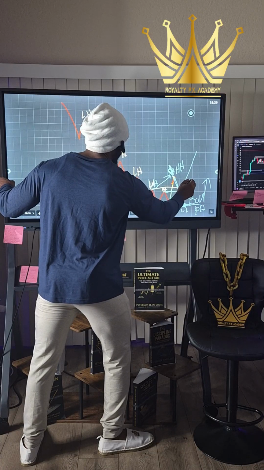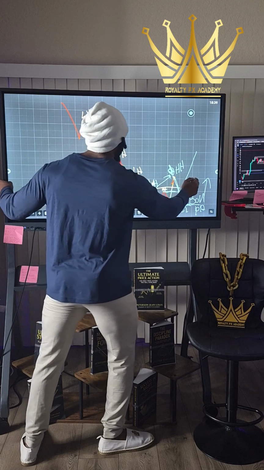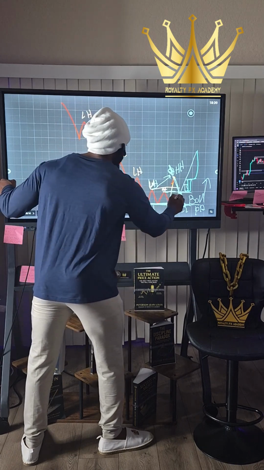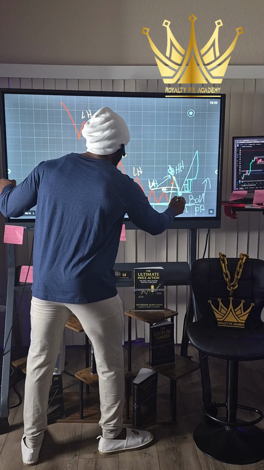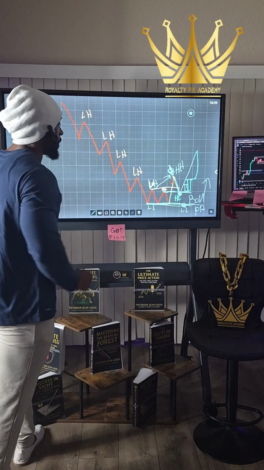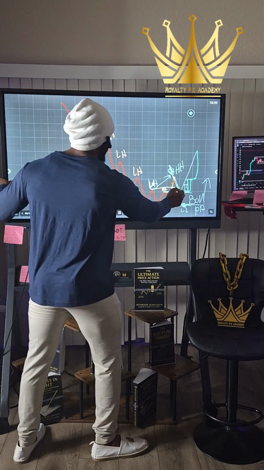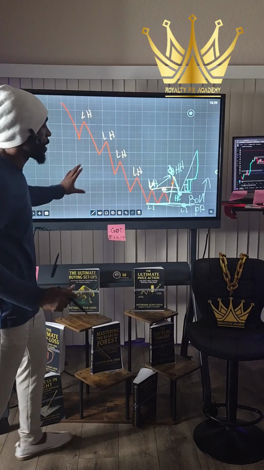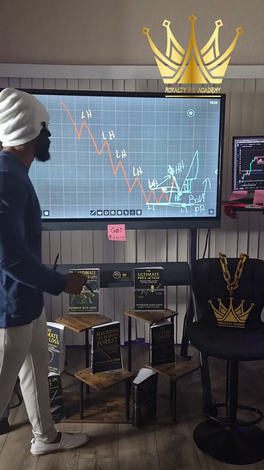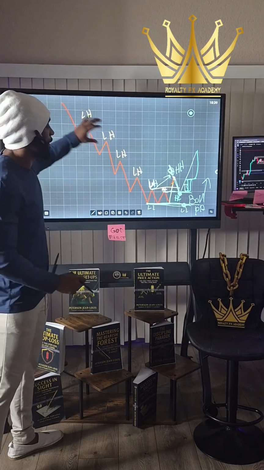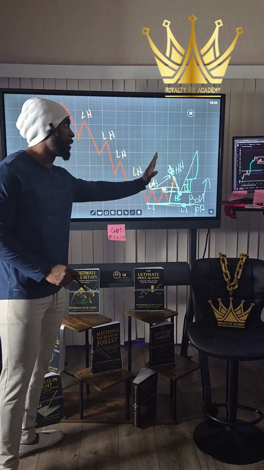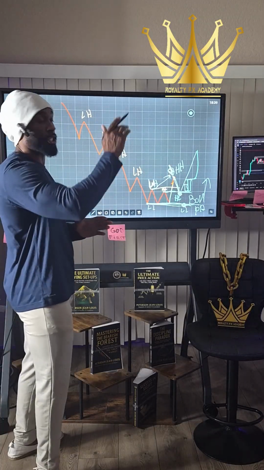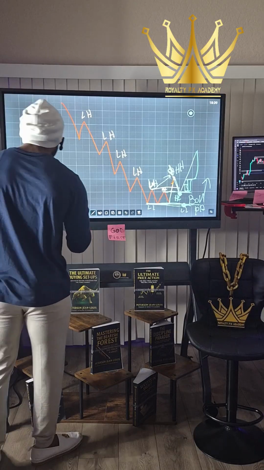A bullish candle engulfs the previous one. You enter here to go up. Now, at this point, this will be considered a higher low because the market is no longer giving you lower lows. Okay. That right there will be a trend reversal. Now, again, this is a perfect downtrend that transitions to a bullish trend.